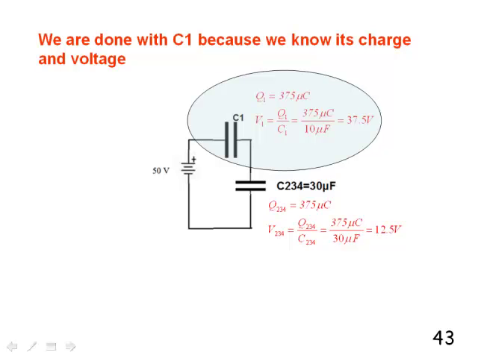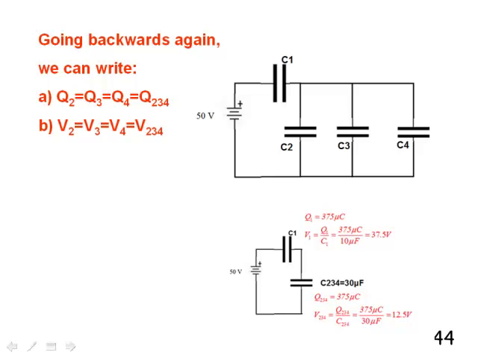Well, we're done with C1 now because we already have the charge and voltage on that element. We have the charge and voltage on C234, but we're not interested in that. We wanted to know what the charge and voltage on each one of the capacitors C2, C3 and C4 were. So now we're going to have to go backwards again.